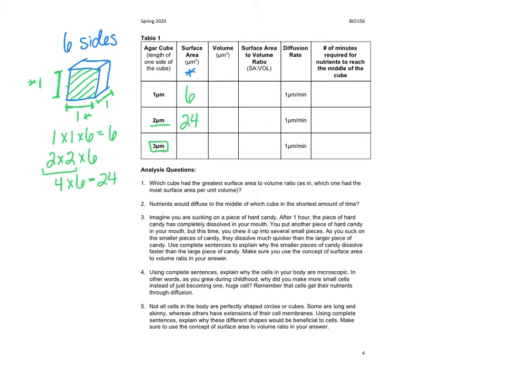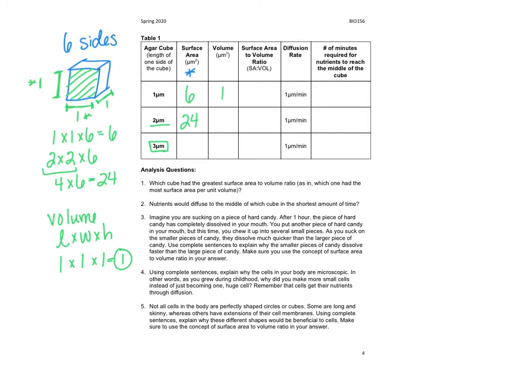Now to figure out the volume of these cubes, the volume is equal to the length of one side times the width times the height. In this case, these numbers are the same because we're working with a perfect cube. So for our first cube, we would just take 1 times 1 times 1. And that just gives us a volume of 1.